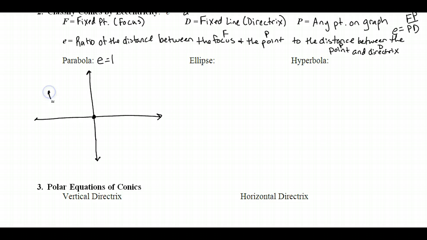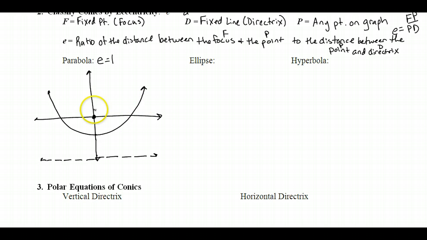And we go around our focus point, so I'm just going to sketch in any parabola there. We know for a parabola specifically that the spacing is equivalent from your vertex to your focus, as well as from your vertex to your directrix. So if I draw my directrix, it would have to be down here. Oops, I missed it a little bit. Your directrix will never ever intersect your graph.